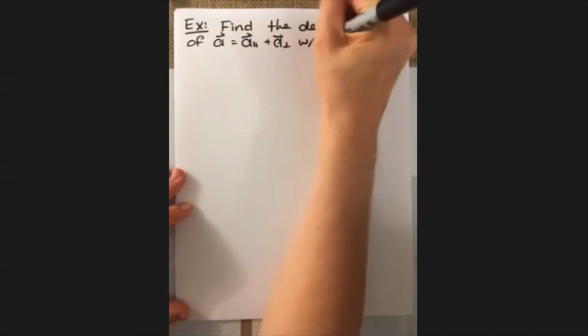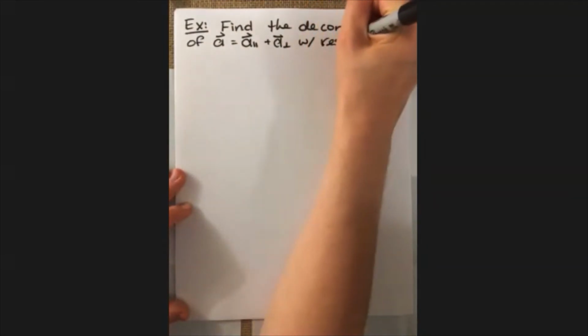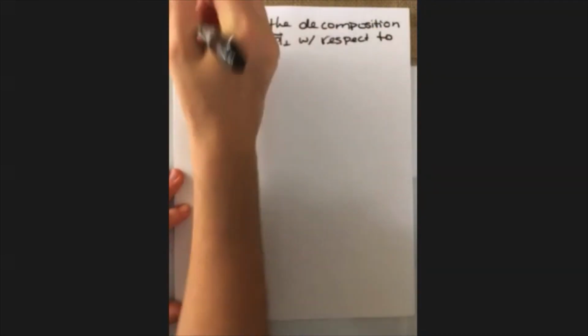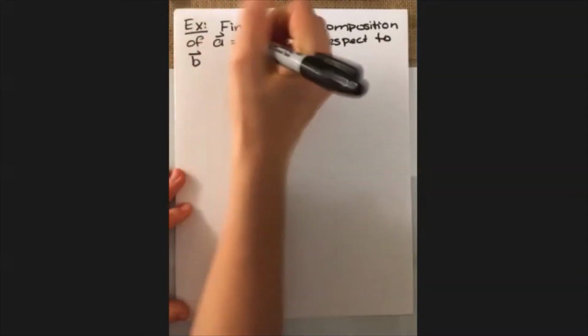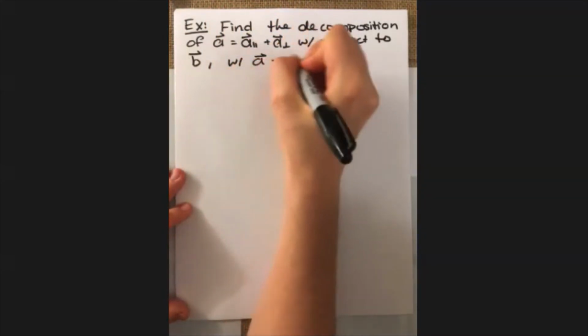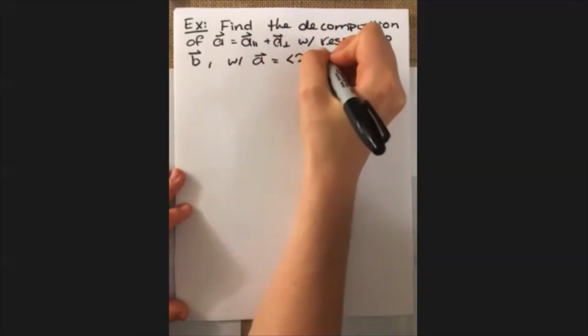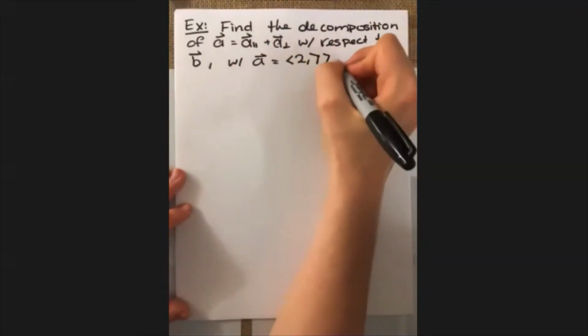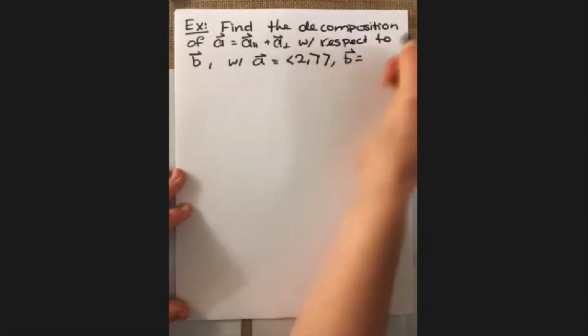We're going to do this with respect to the vector B, where A is the vector 2, 7, and B is 3, 5.